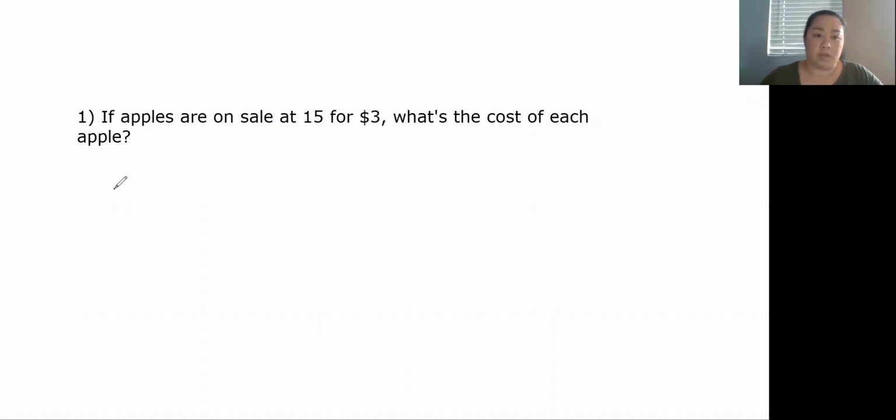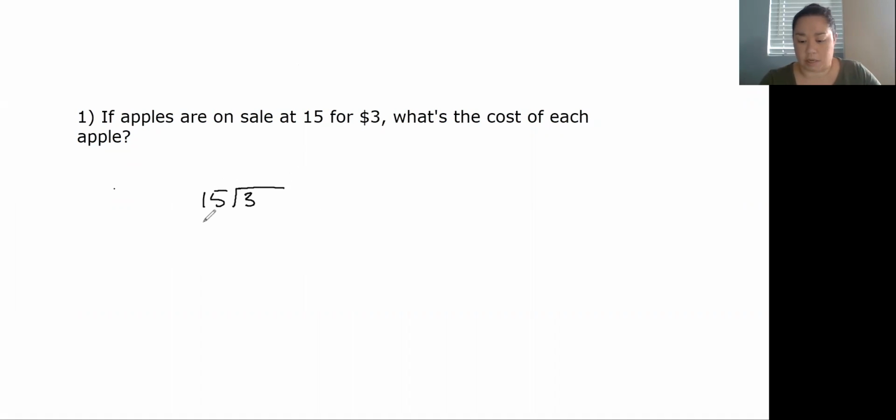So these are going to be a little interesting because you have to divide, right? We need to see how many 15s are in $3. So you take your big number and put it on the outside. This is dividing, remember?